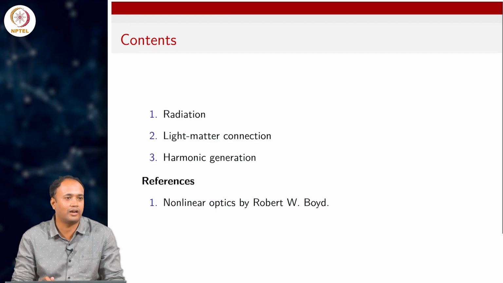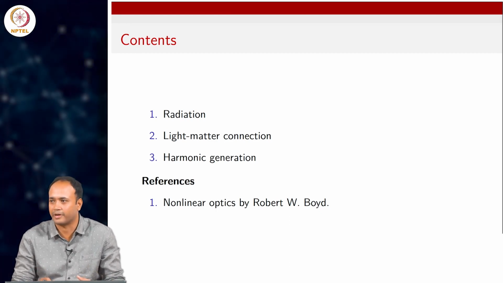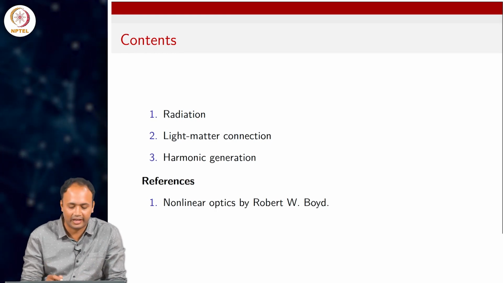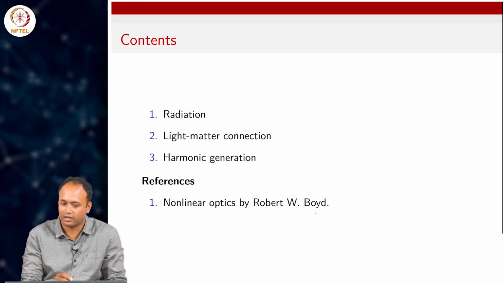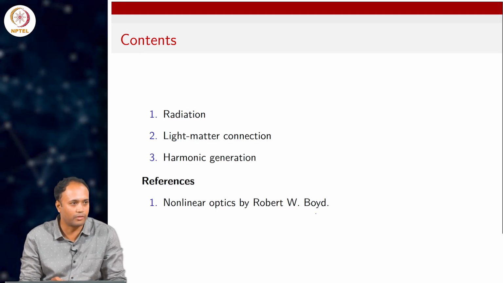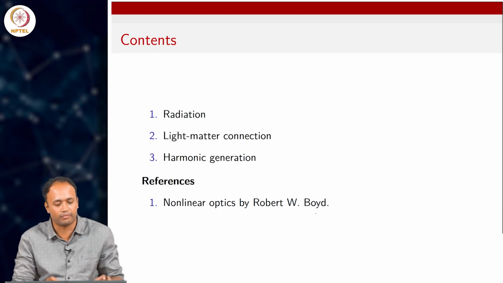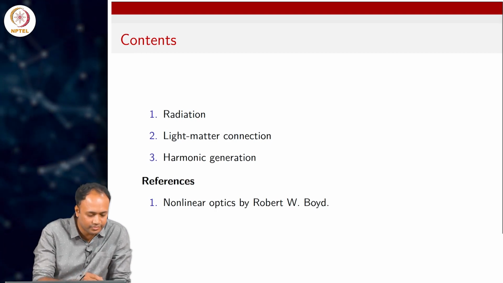We will try to understand this a bit more rigorously with some theoretical perspective, and finally I will show you how the harmonics are generated. Okay, and the reference for this part of the lecture is a classic called Nonlinear Optics by Robert Boyd. I'm sure some of you might have already seen it, but most of the material that I'm going to present here is coming from this book.